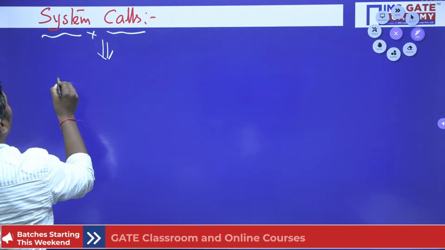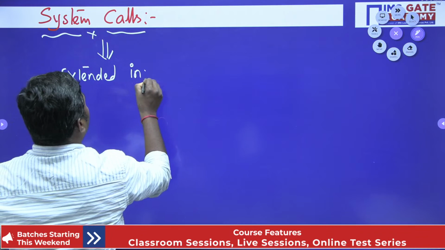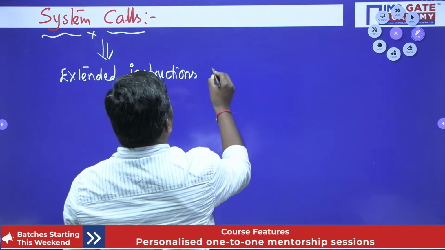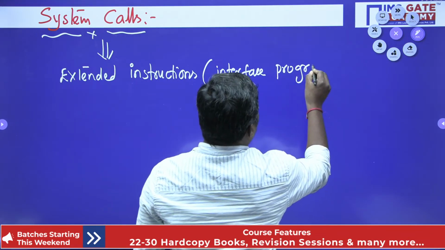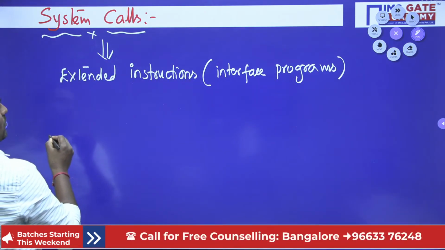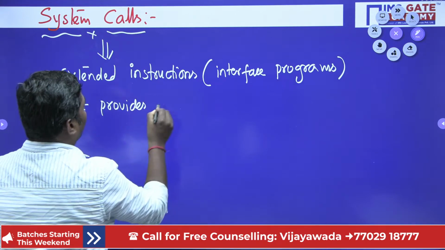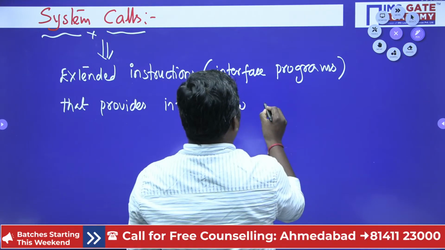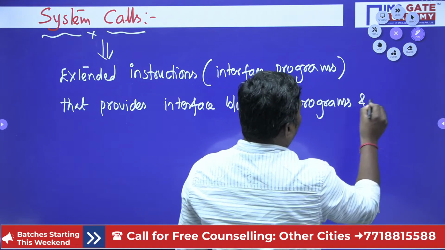Write down: system calls are the extended instructions. Extended instructions are interface programs, that provide an interface between user programs and the operating system.